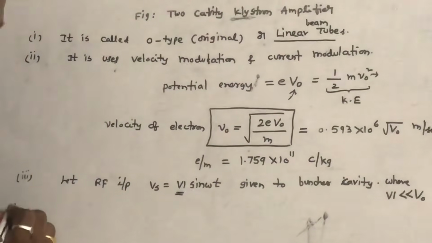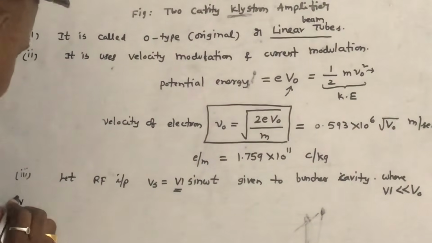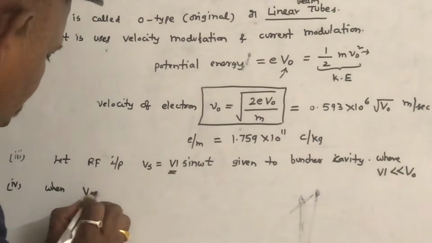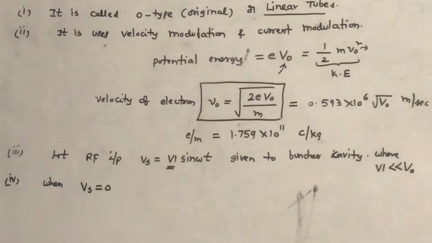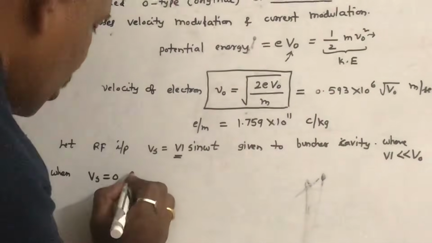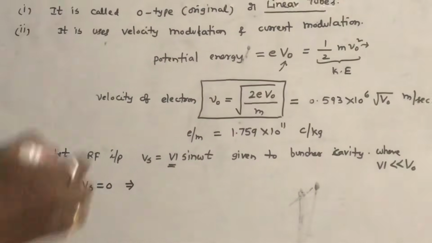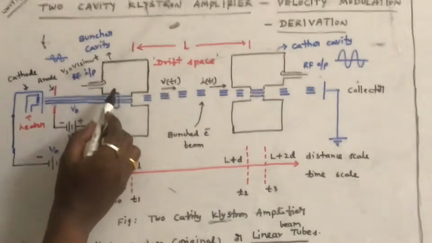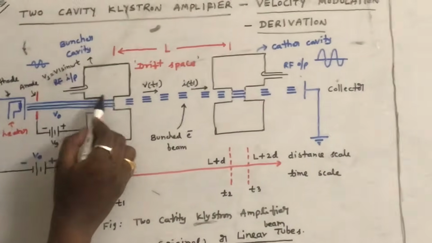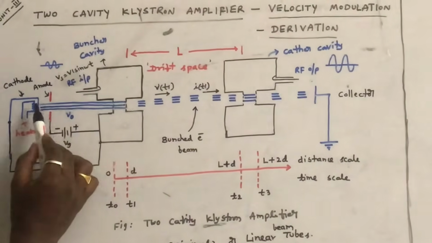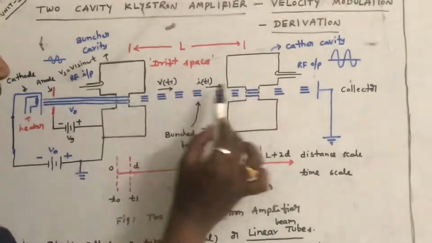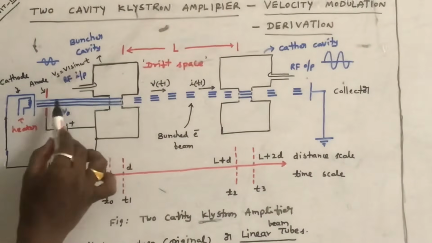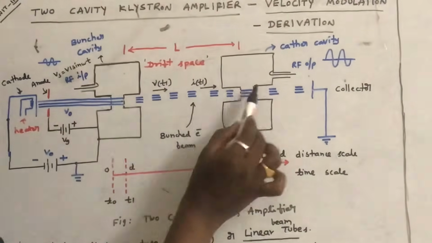Now let us check the operation, which is based on velocity modulation. Let us see what happens when Vs is equal to 0. When the RF input is applied and the gap voltage is 0, the electron travels with the same velocity V0.